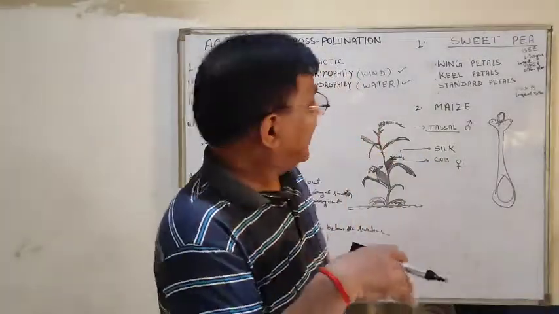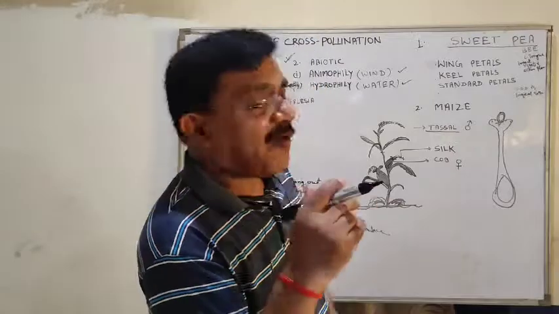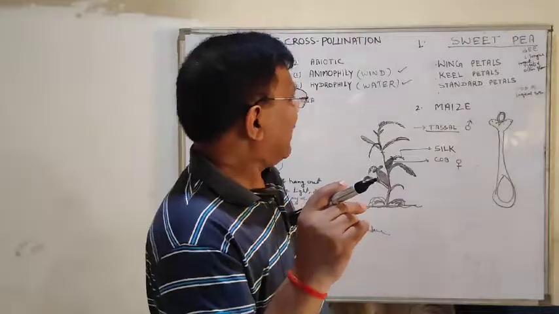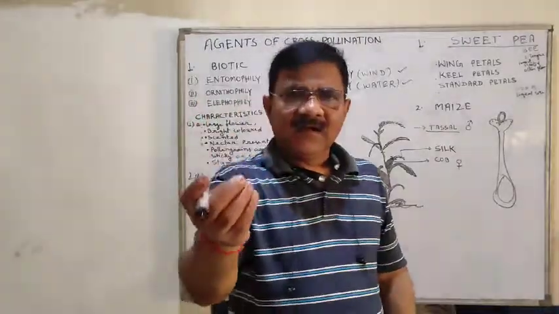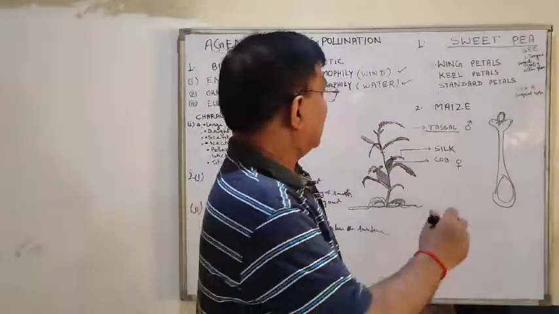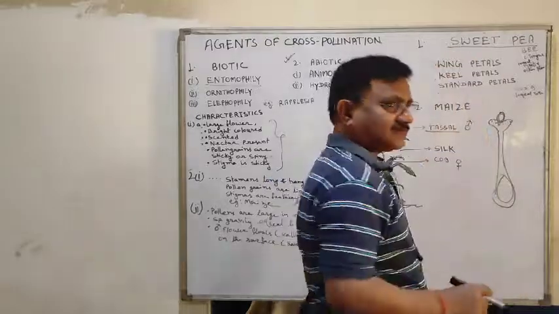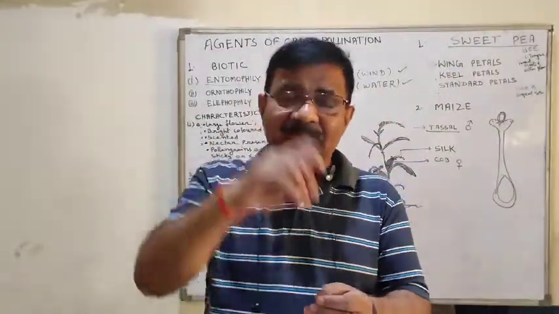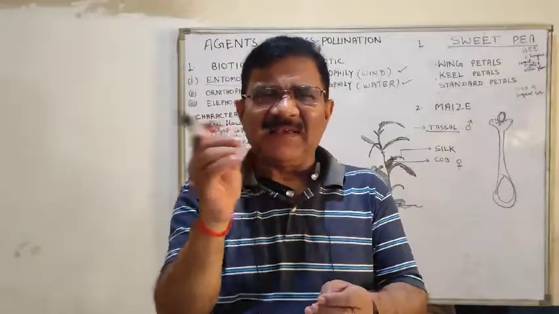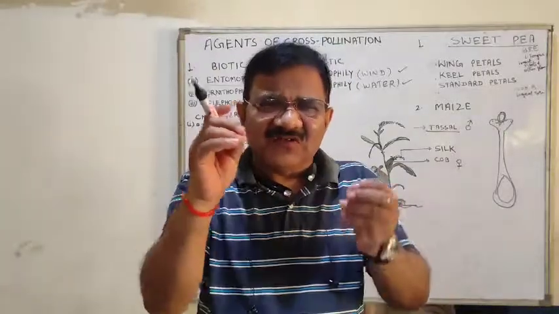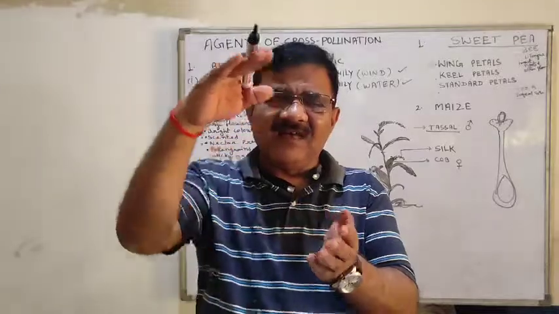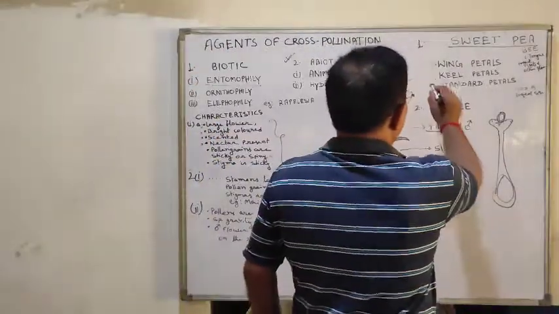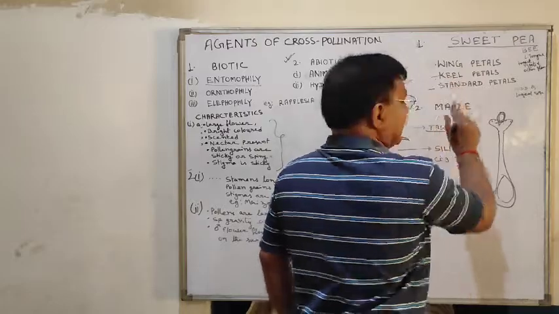Now we are going to discuss how pollination takes place in the sweet pea. What will happen? The bee will sit on the wing petal. As the bee sits, the petal is light, not strong, very weak. The petal will go down. It will compress the keel petal and standard petal.